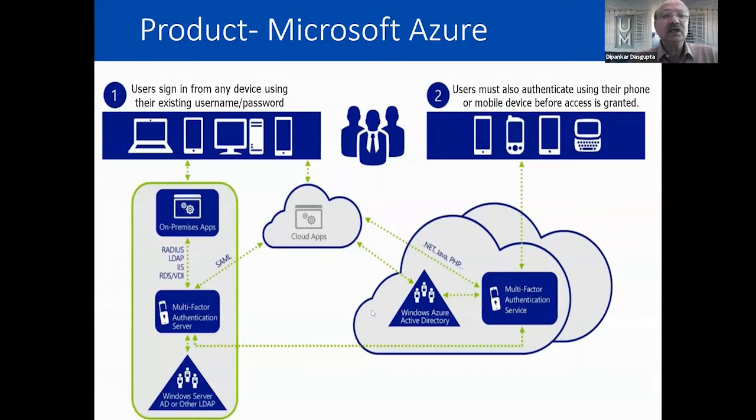So this is Microsoft's Azure, where the user logs in from any device using their existing username and password, and that's how they then create other credentials and store them in the cloud. And whenever they want to access it, the first factor and the second factor are used from the registered ones.